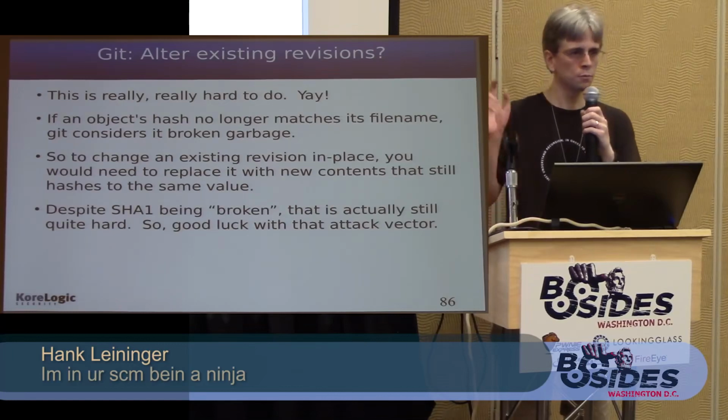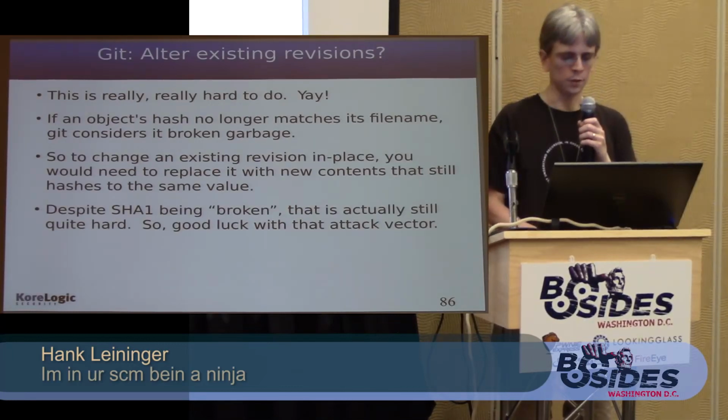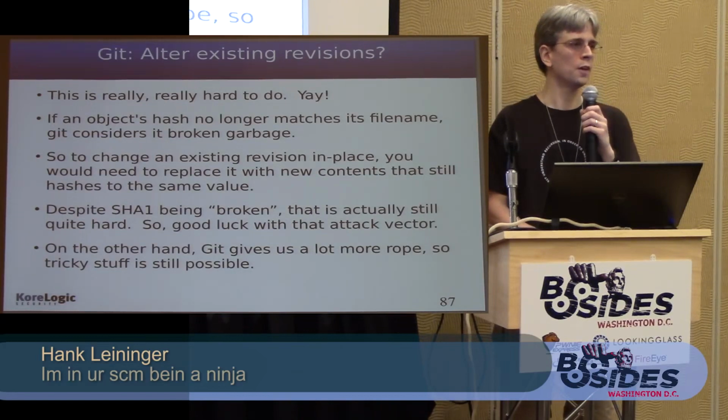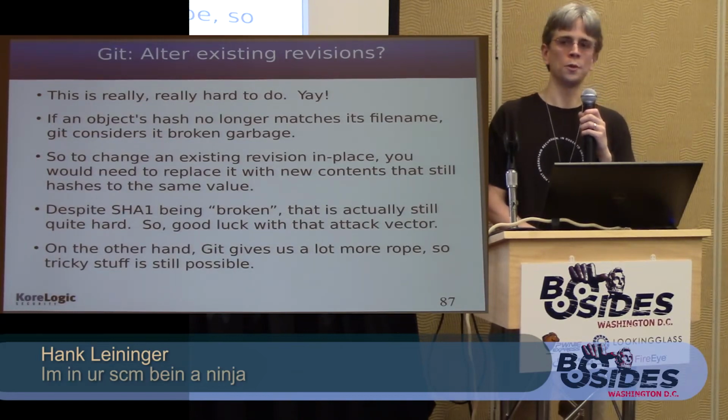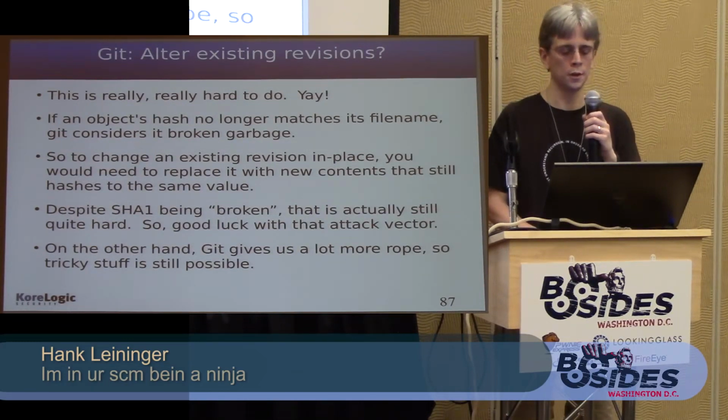And even though SHA-1 is considered broken, it's still a really, really hard problem. So good luck with that. On the other hand, Git offers a lot of advanced functionality that gives you enough rope to hang yourself, and gives the attackers ways to manipulate you in other ways.